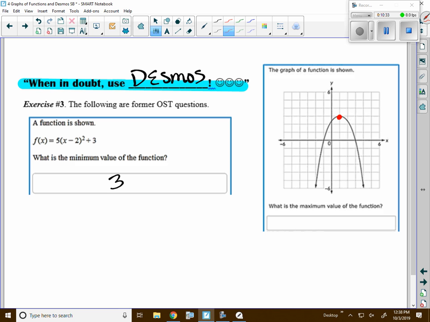What's the maximum value? 3, because that's the y value. Those are actually OST questions. This one is from last year. This one is from 2 years ago. You will see something exactly like that. So make sure you remember value.